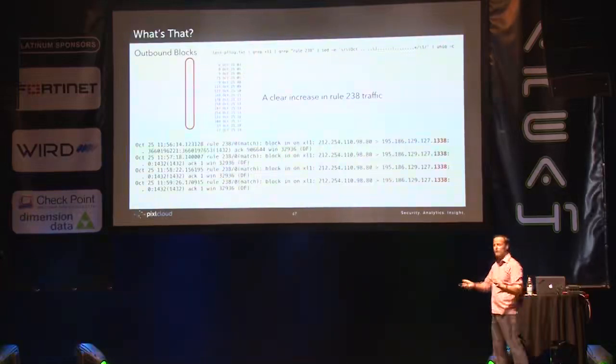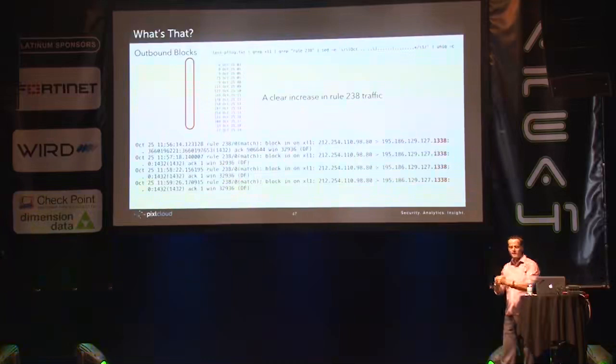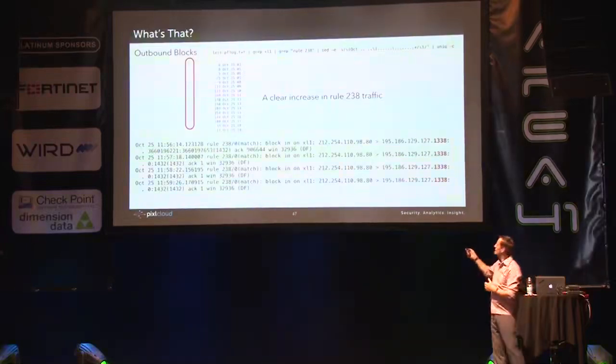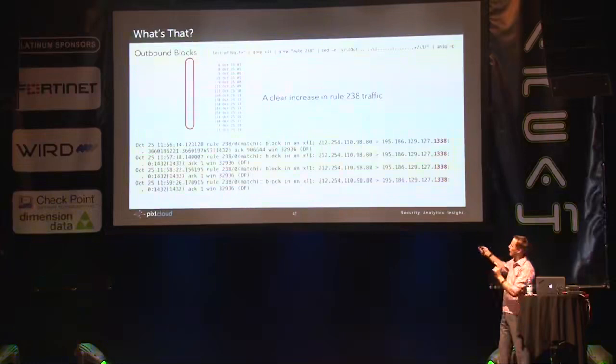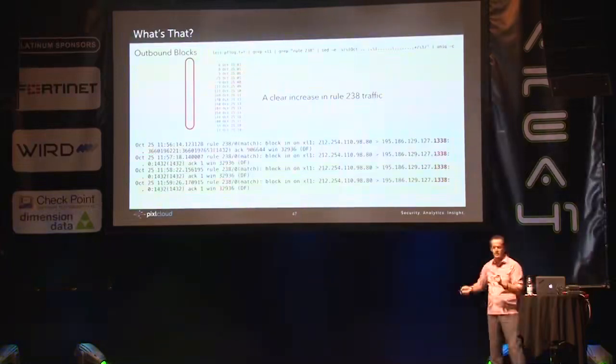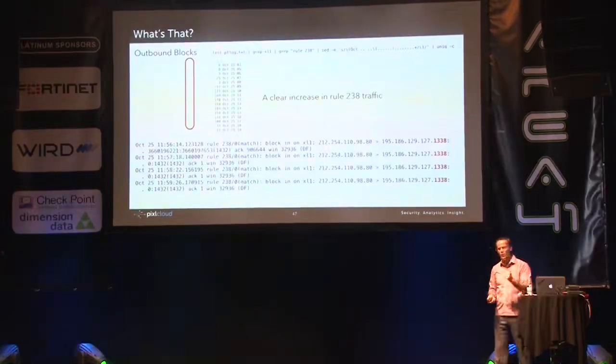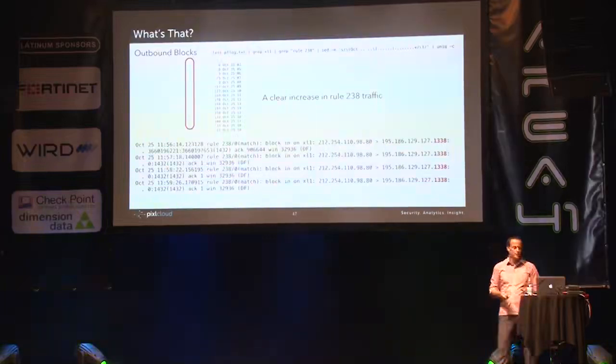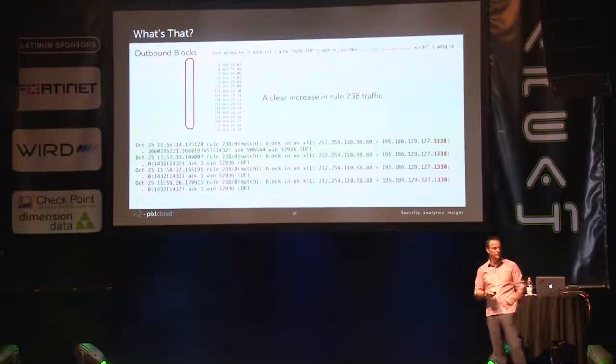Now, I have an idea. It might be that the firewall lost state at that point. Maybe it's a long-lasting connection and it dropped the state table or something. Otherwise, I really don't know what it is. What also is kind of suspicious is that these show up 4 times in here, but that the source port is 1338, which is kind of a low port number. I would not expect that as a source port generally. So still not sure what it is, but this seems to be interesting to look further into.